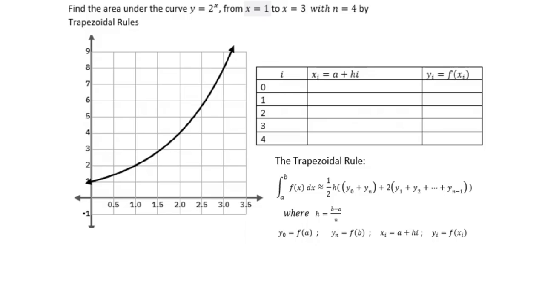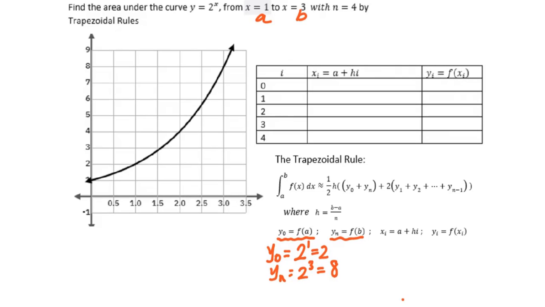Now let's use this trapezoidal rule to work this out. First of all, you need to figure out this y0 and y sub n. F of a, this will be a and here's b. So for y0, you will get 2 to the first power equals 2. Y sub n will be 2 to the third power equals 8.